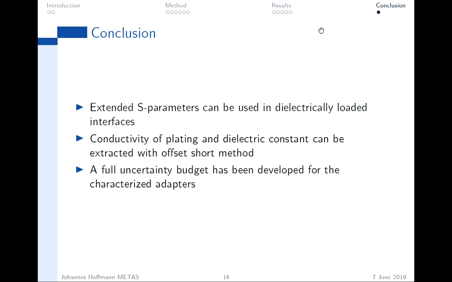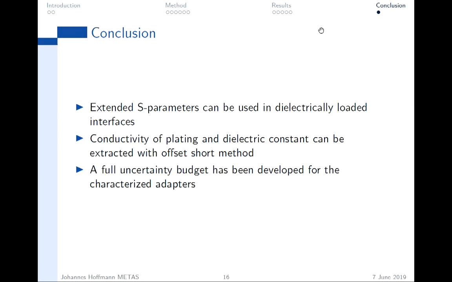This brings me to my conclusion. We demonstrated how to use extended S parameters to characterize an adapter with dielectrically loaded connectors, and how to establish traceability for that. We extracted the conductivity of plating and the dielectric constant.